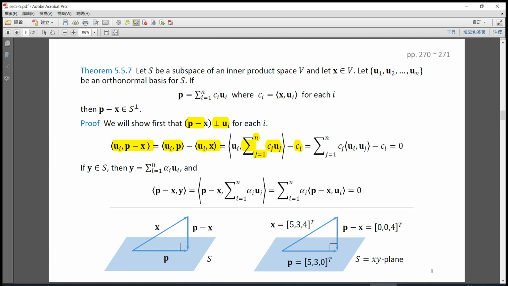And we know that the summation can be taken outside the inner product due to the properties in the definition of inner product.